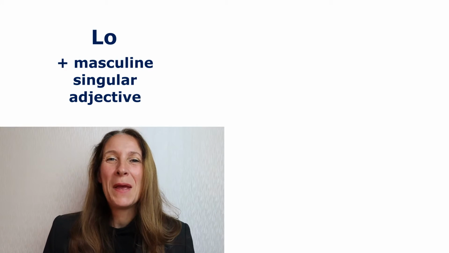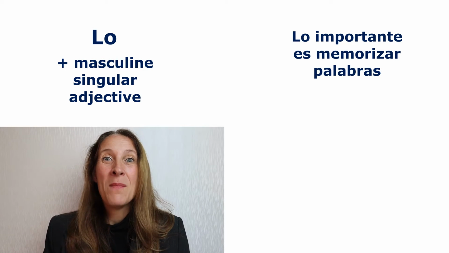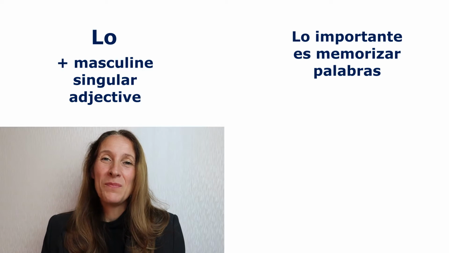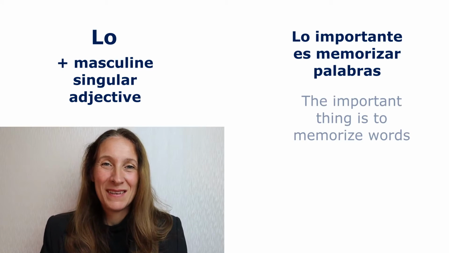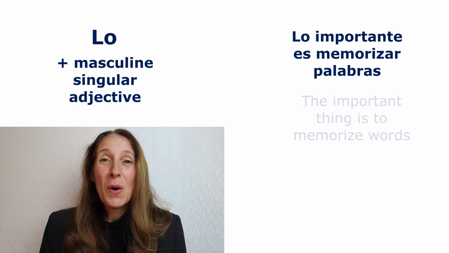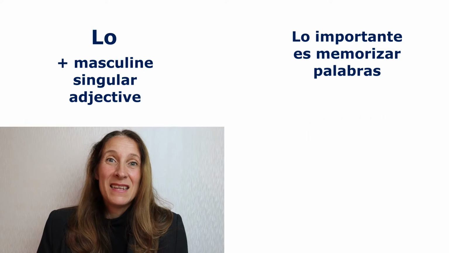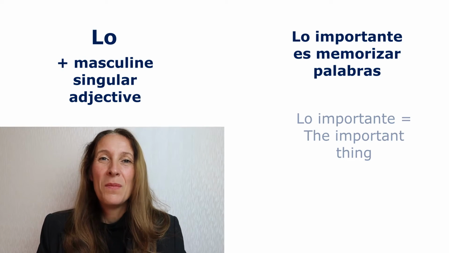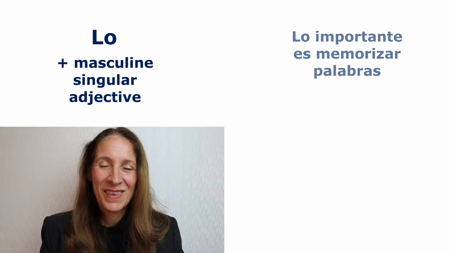So you can say, lo importante es memorizar palabras. Okay? And that would mean the important thing is to memorize words. So that lo importante, we would say in English, the important thing. Lo importante es memorizar palabras, vocabulario.